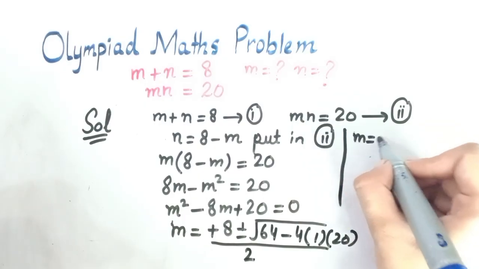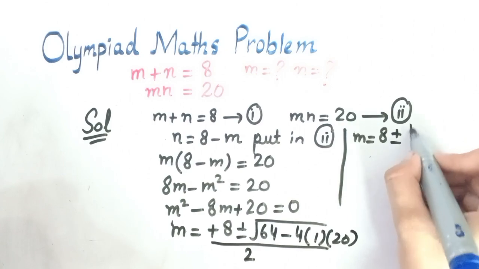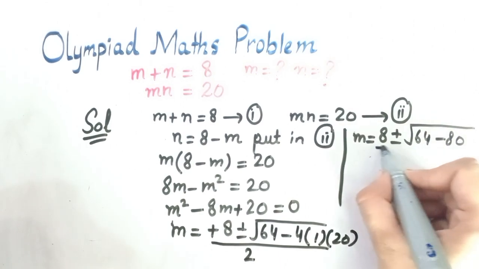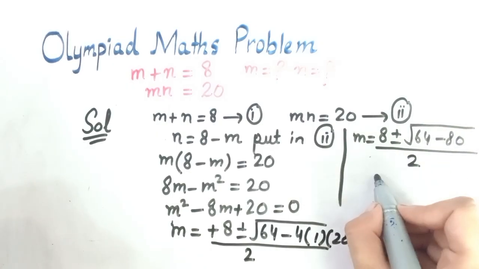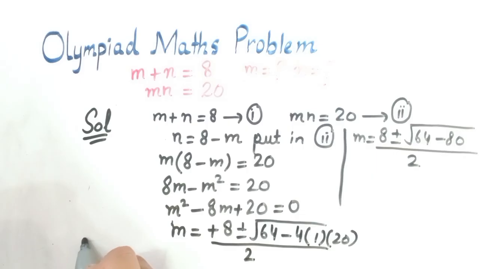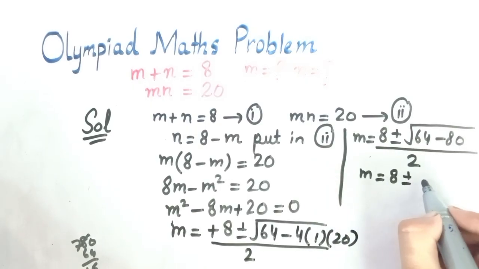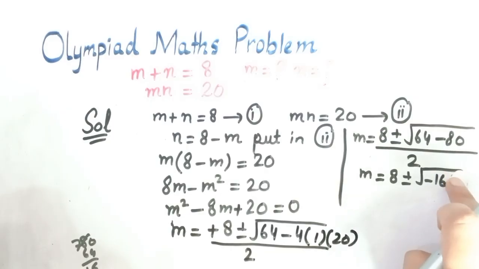We get m equals 8 plus minus the square root of 64 minus 80, divided by 2. So 64 minus 80, we get minus 16. So m equals 8 plus minus the square root of minus 16.